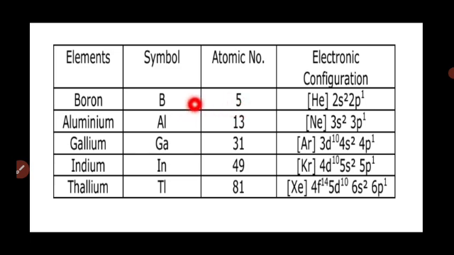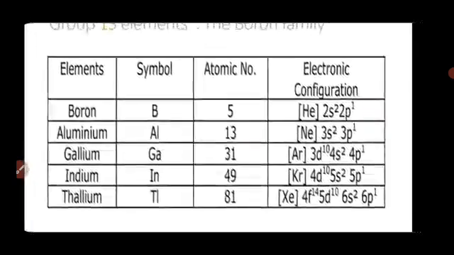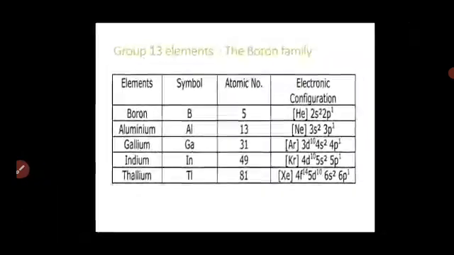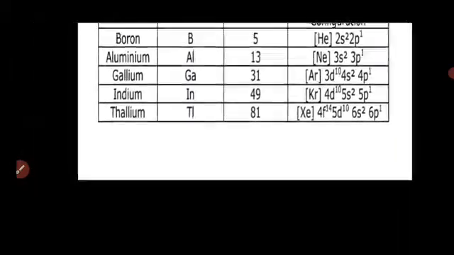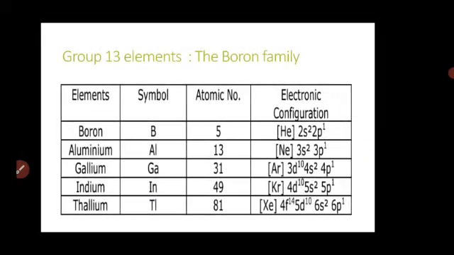And in unit number 3, we have seen that all second period elements show anomalous properties, and this we are going to learn in this topic. So this is about the overall electronic configuration. Now from this, what we can predict is that the general electronic configuration of group number 13 is ns2 np1.